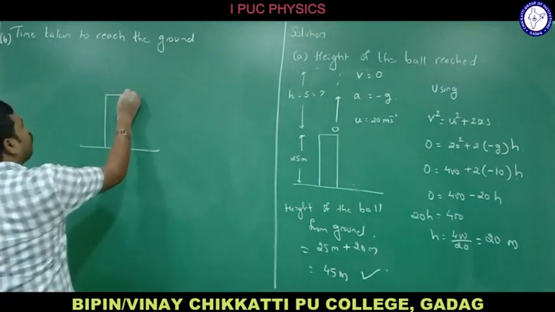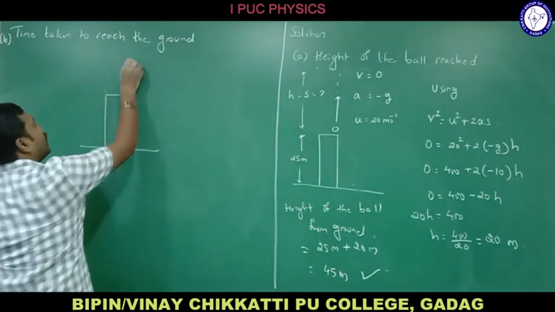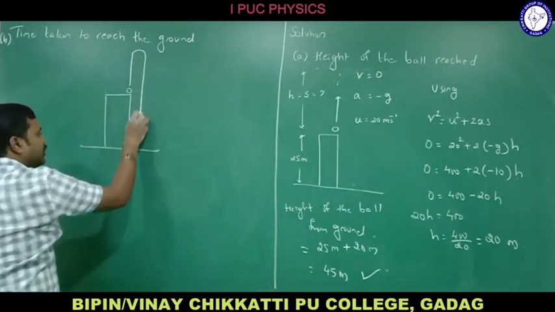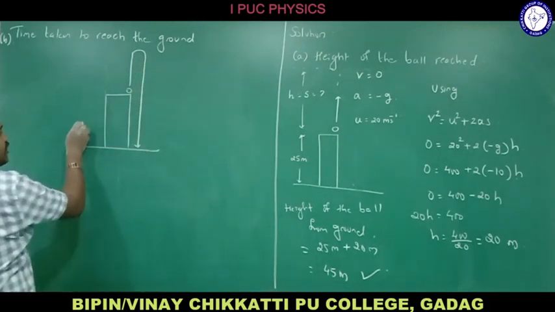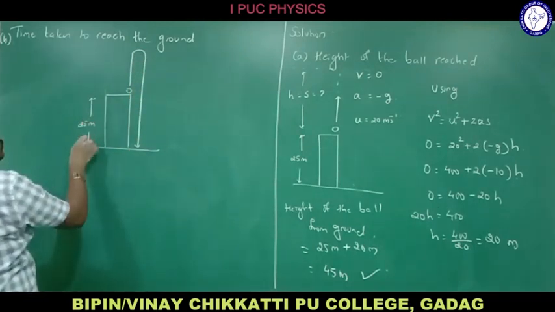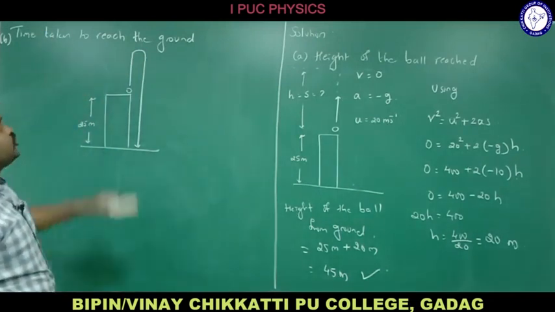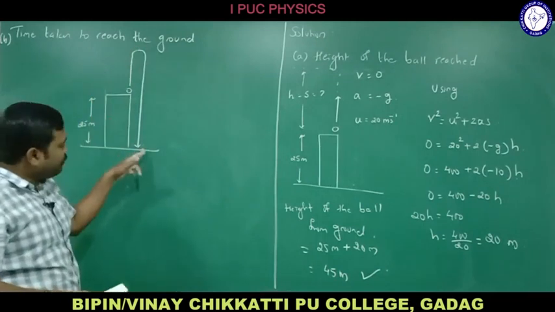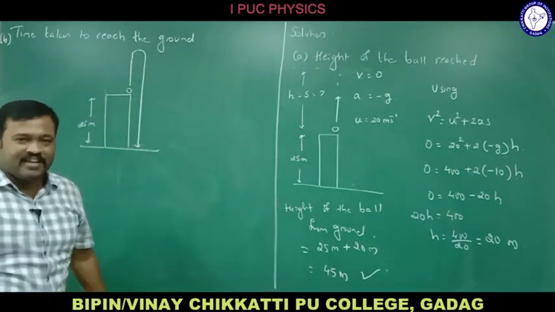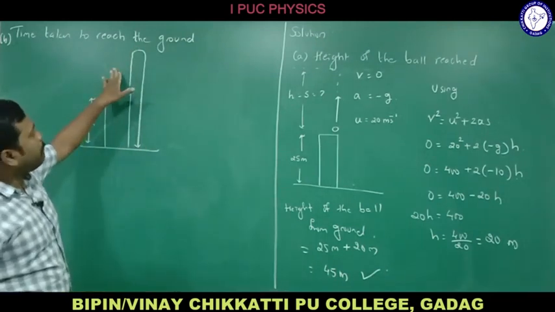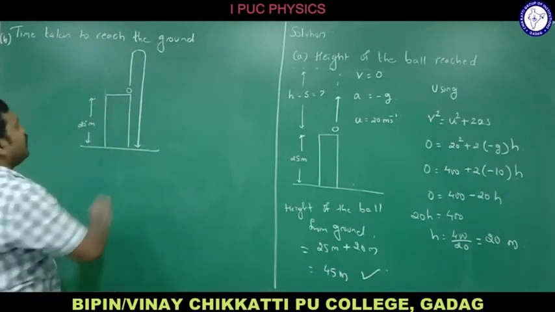First case, there is a ball here. It goes up and again it comes down like this. What is the height here? 25 meters. Right? Let me take the time taken to reach the top, and then let me calculate the time taken to reach down. There are two motions here, upwards and downwards. Let me calculate upwards first.